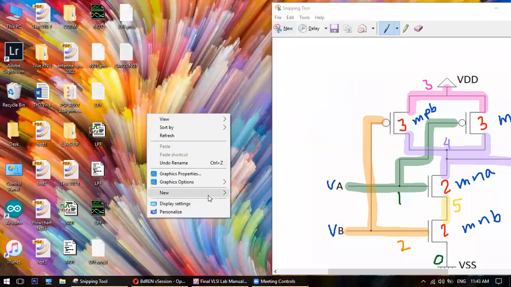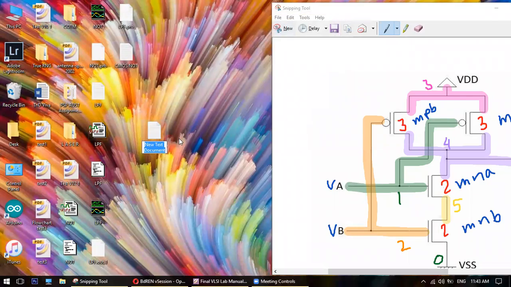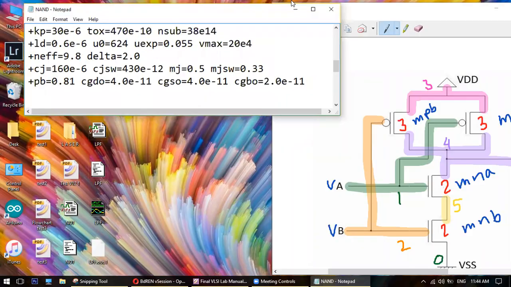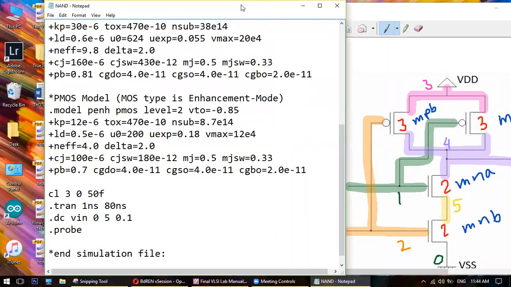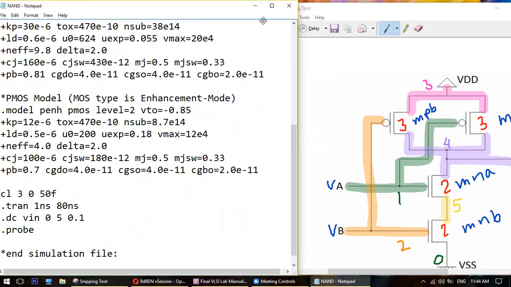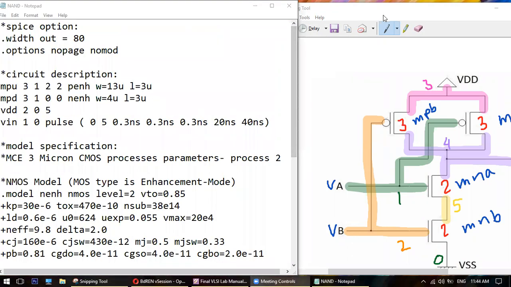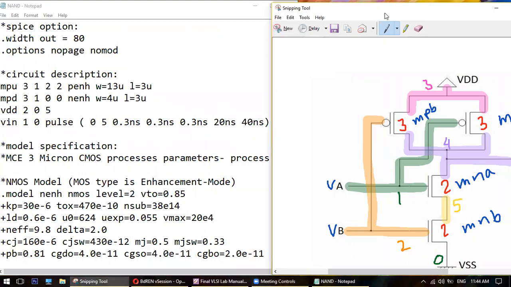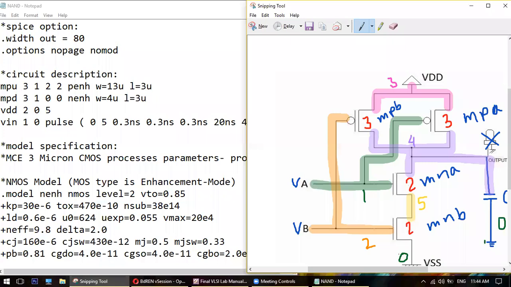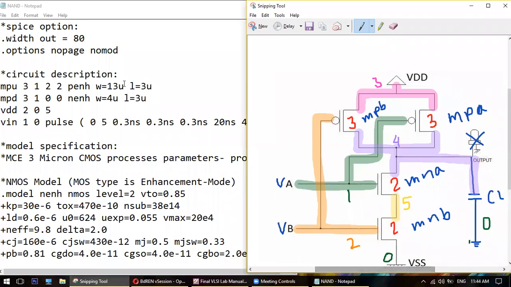Now we are going to use a text document. Let's say CMOS NAND. Here, how many MOSFET do we have in this circuit? 4 MOSFET, right?